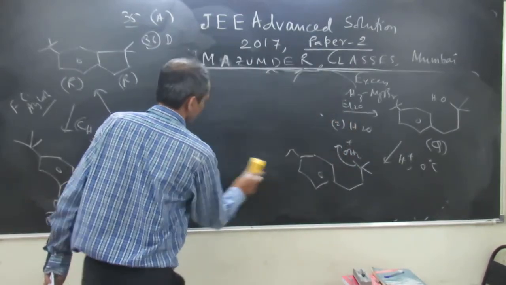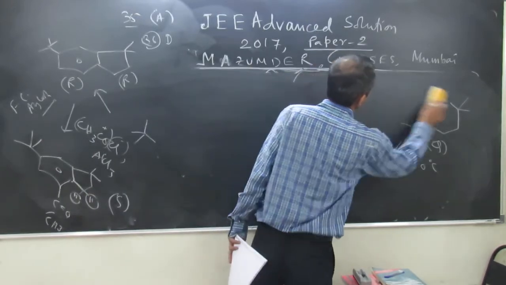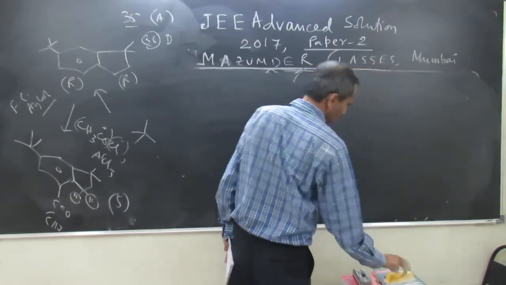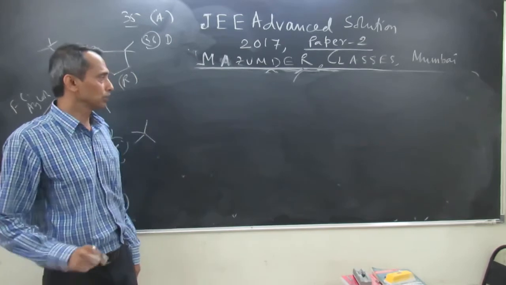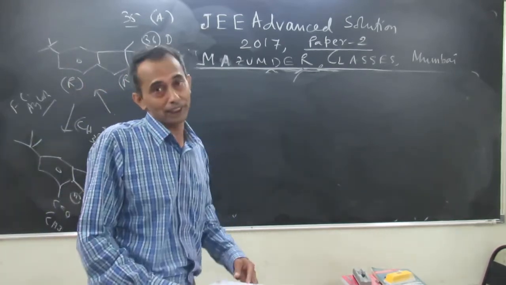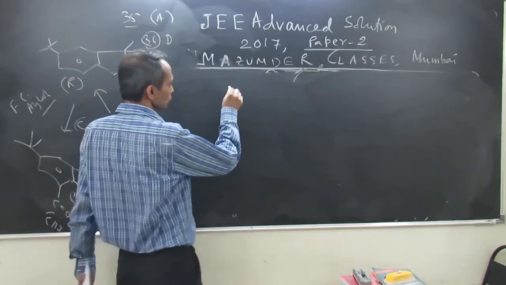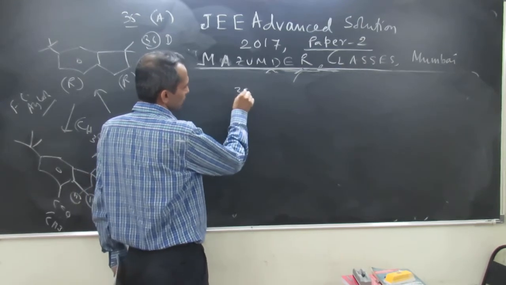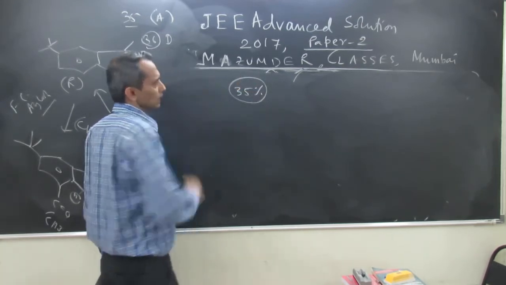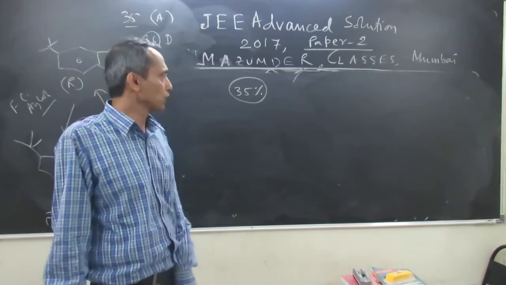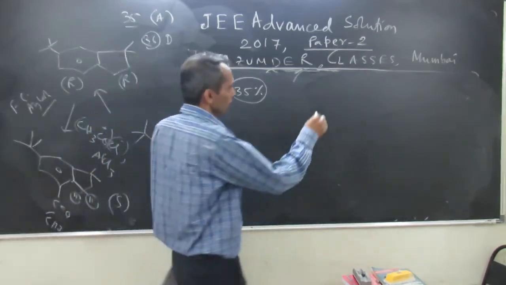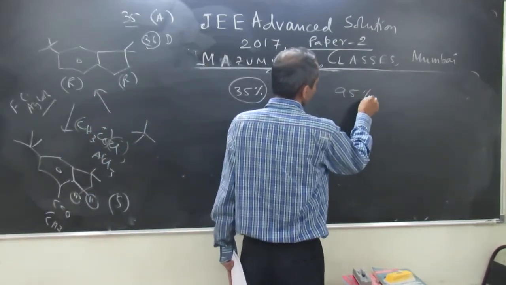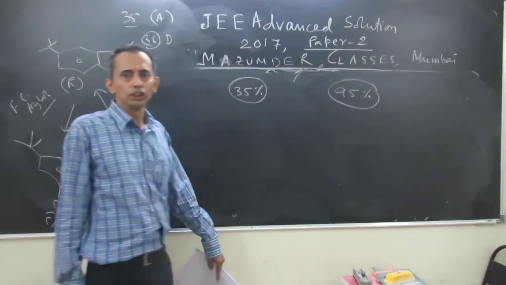I feel that if you talk about chemistry, the lowest percentage which can be obtained should not be less than 35%. At least a minimum of 35% can be easily obtained by any normal JEE aspirant, and the maximum limit can be 95%, I believe.